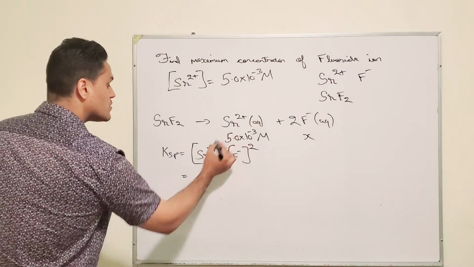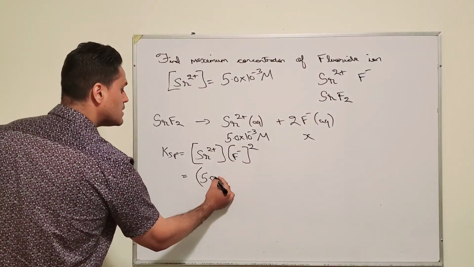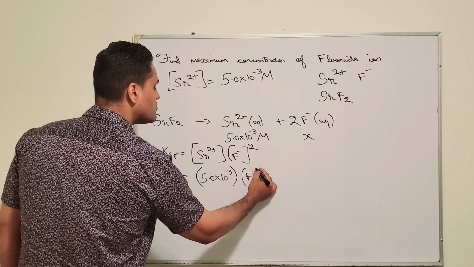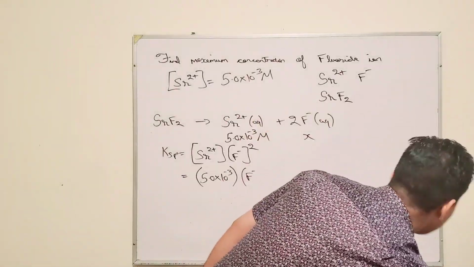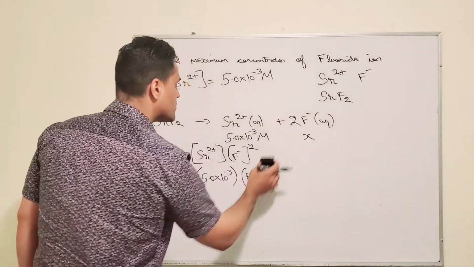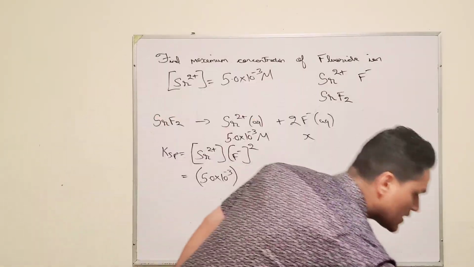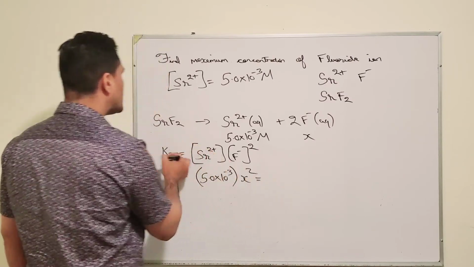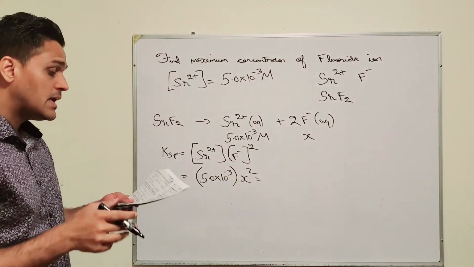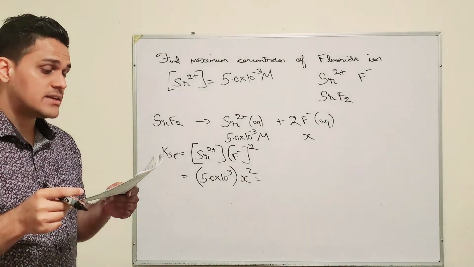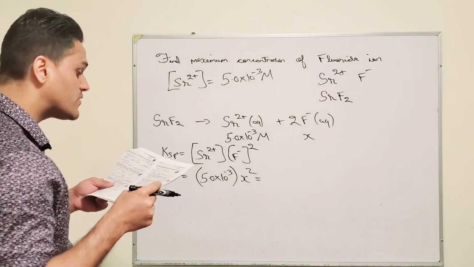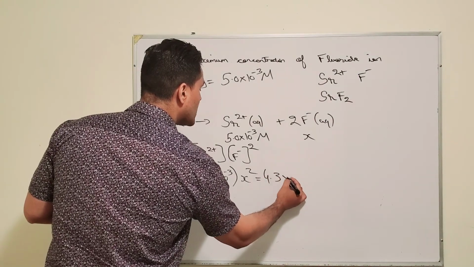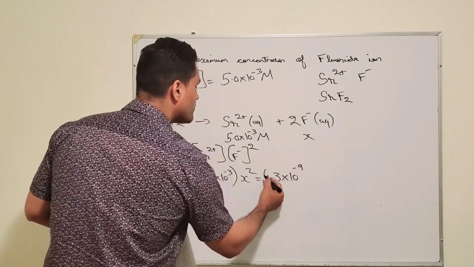So this is 5.0 times 10 raised to the power minus 3 times F-, or we can say the concentration of F- is X. So you can just write this as X squared is equal to Ksp of SrF2. Now you're going to look at your chart, and the Ksp for SrF2 is 4.3 times 10 raised to the power minus 9.